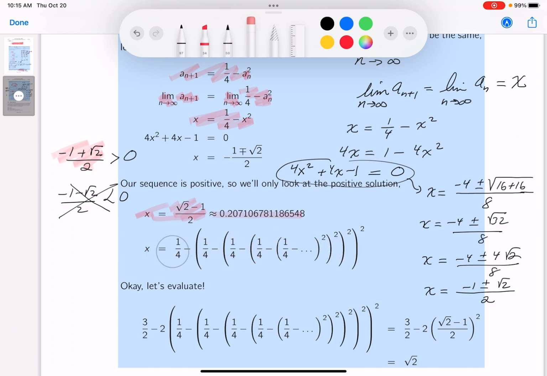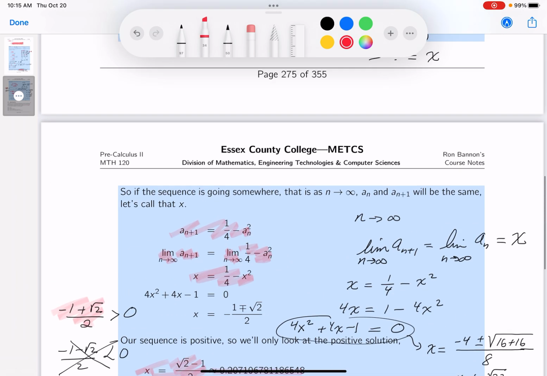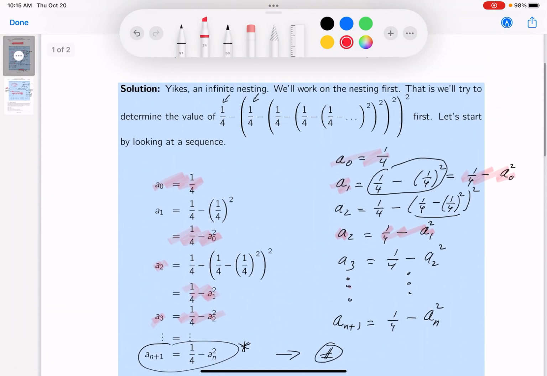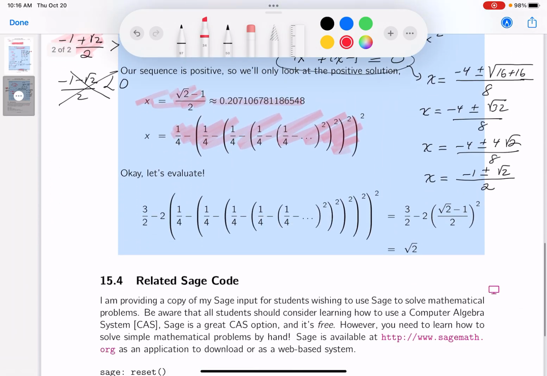Let me erase this, see what I did wrong here. Oh, no, that's x. I'm sorry, that is x. Go back over here. And we said that this thing was the x in the problem, the unknown, right? Sorry about that.